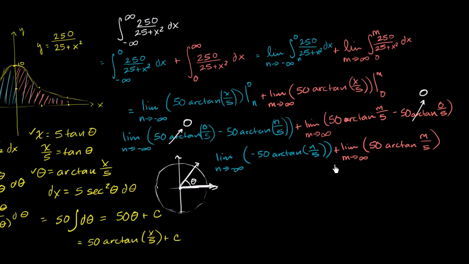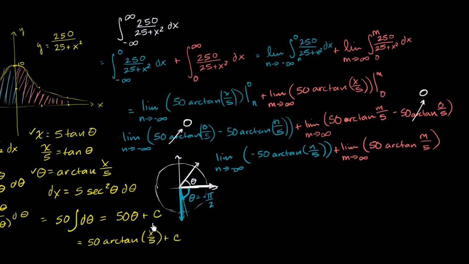So let's think about what these are going to be. As n approaches negative infinity, one way to view that is the slope of this terminal side approaches negative infinity. It's getting more and more negative. It approaches negative infinity when our angle is negative pi over 2 radians.